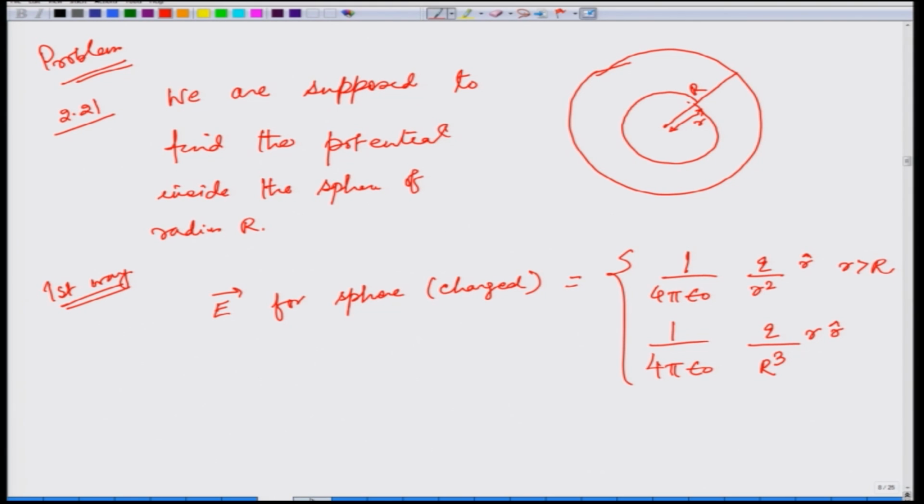If we know the electric field, we can calculate V very easily. Let's say this is my sphere of radius R, and I want to calculate the potential at this point r. My reference point will be infinity.